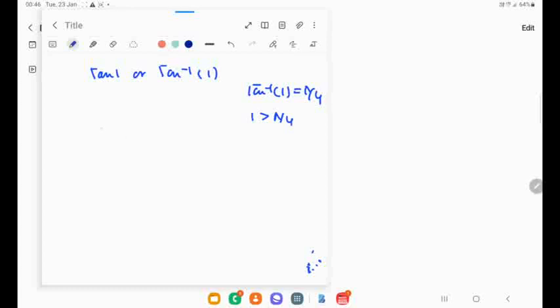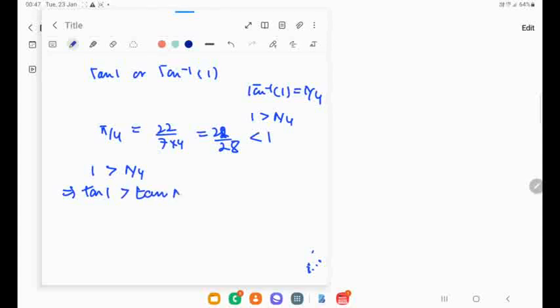Why? Because pi by 4 is 22 upon 7 into 4, which is 22 upon 28, which is less than 1. So 1 is greater than pi by 4, which implies tan 1 is greater than tan pi by 4.